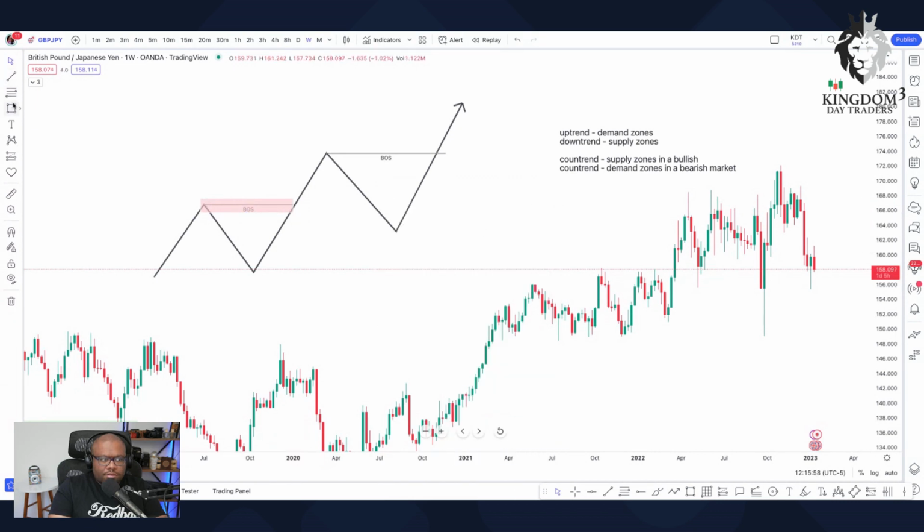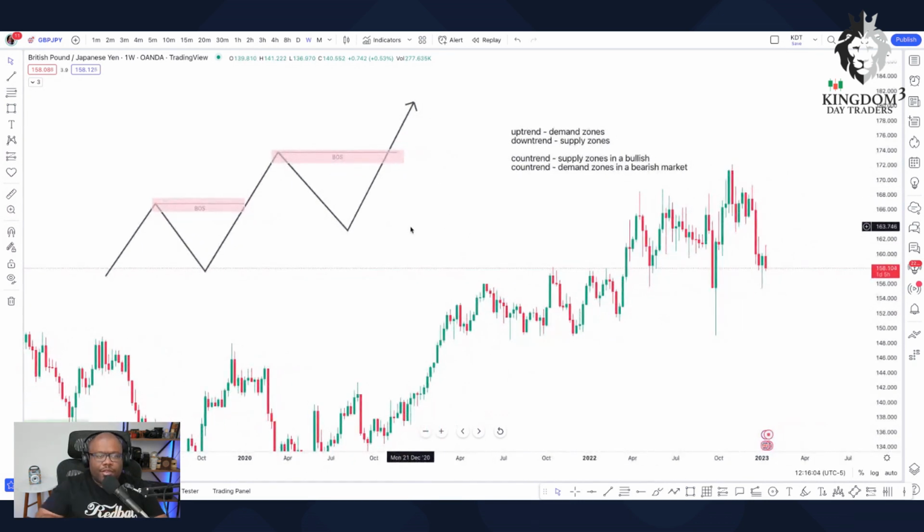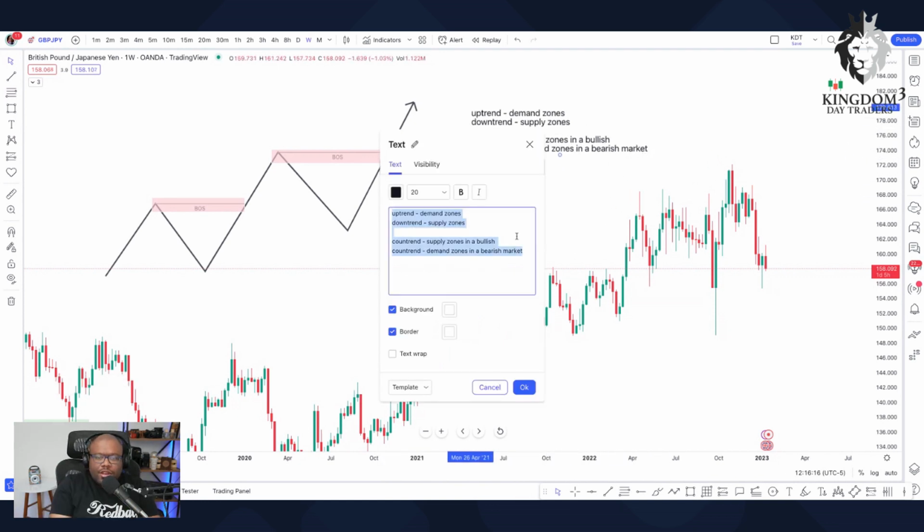And a zone over here. The problem with these two zones right now is they are actually targets and not zones that you really want to trade from. In other words, in an uptrend, you want to take a note on this. In an uptrend, let me write it down for you.